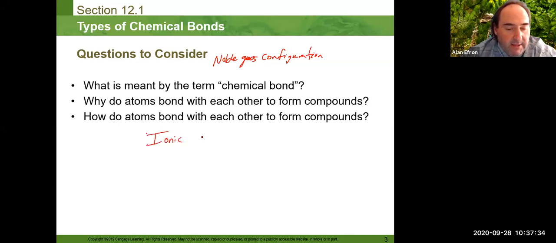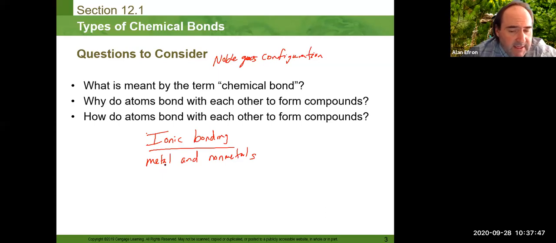We're talking about ionic bonding, which is pretty much always between a metal and a non-metal. As we talked about in earlier chapters, what usually happens in this case, because of those periodic trends, is our metal will lose electrons over to the non-metal. So there's actually a transfer of electrons. When that transfer occurs in an ionic bond, the metal becomes a cation, which is positively charged, and the non-metal becomes an anion, which is negatively charged.